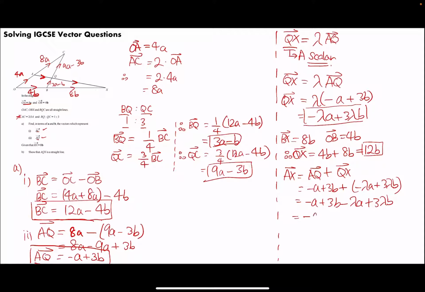We can do negative A minus this A plus 3B plus 3 this B, and then we can factorize A out, so that's negative 1 minus this A, and then we can factorize B out, so we get 3 plus 3 this B. So you get AX.